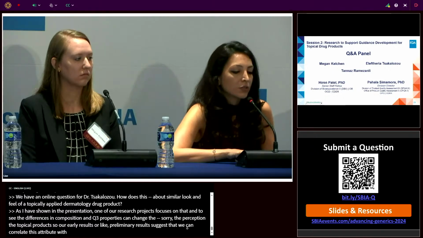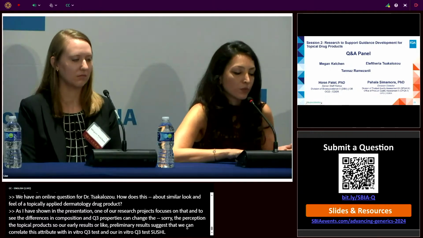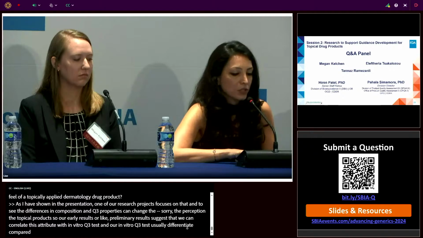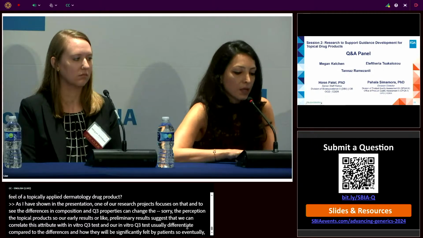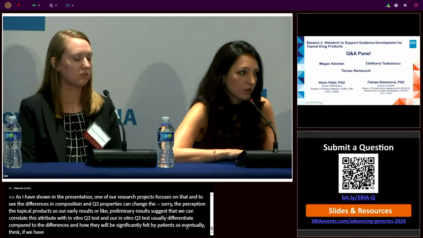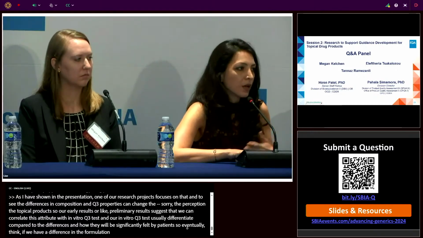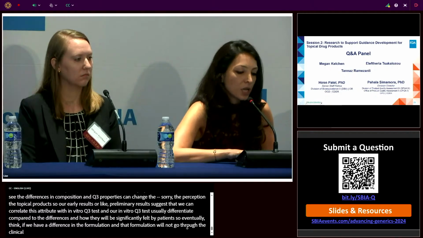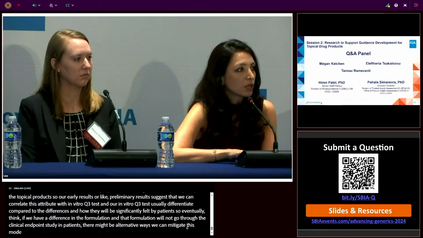And our in vitro Q3 tests are usually stricter at differentiating compared to how the differences will be felt by patients. So if we have differences in the composition of the formulation, and the formulation is not going to go through a clinical endpoint study tested in patients, there might be alternative ways that we can mitigate these failure modes, and we are working to develop alternative studies for that.